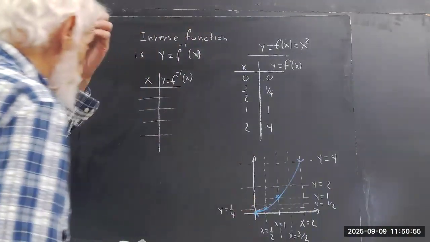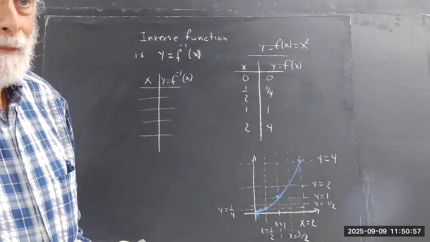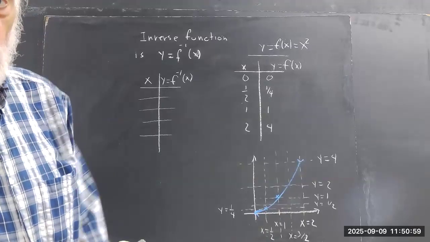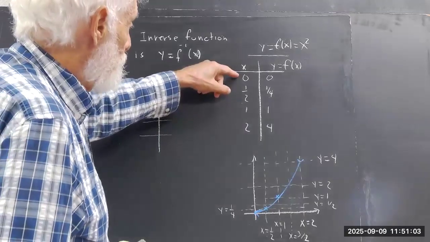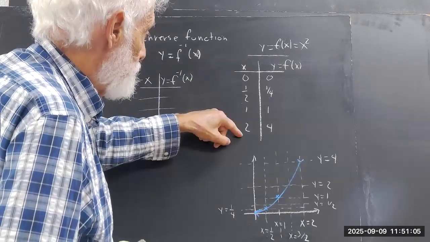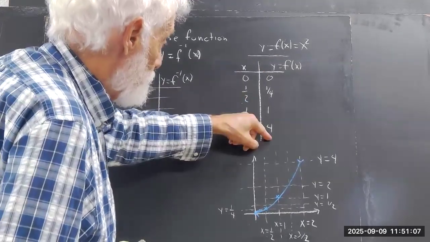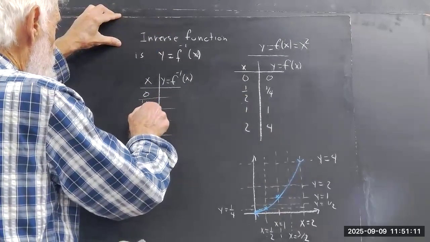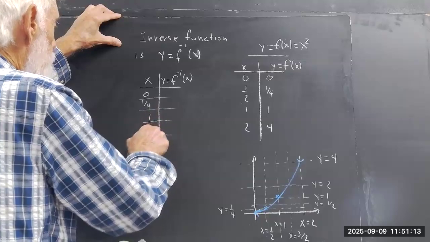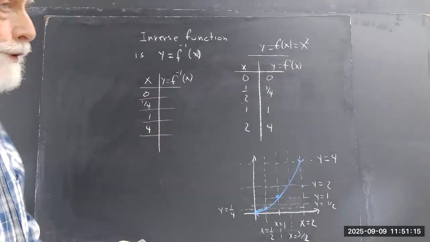Okay. So this is really a very simple process once you've seen it once. We're just switching x and y. So where x was numbers from 0 to 2, these numbers are going to go in the x column. So we're going to put 0, 1/4, 1, 4. We've switched x and y.